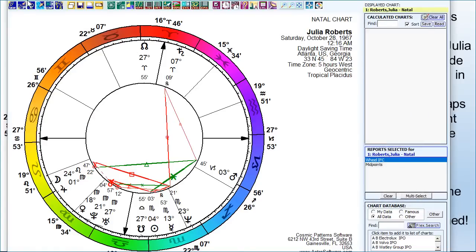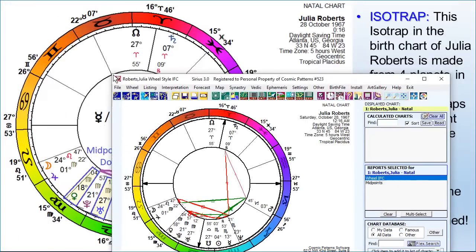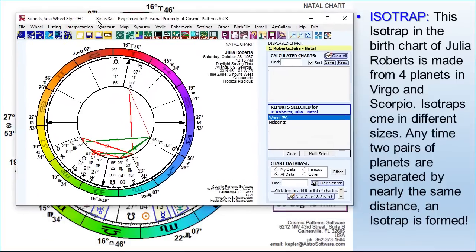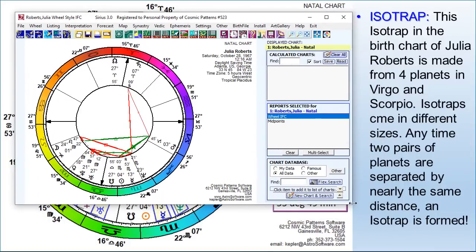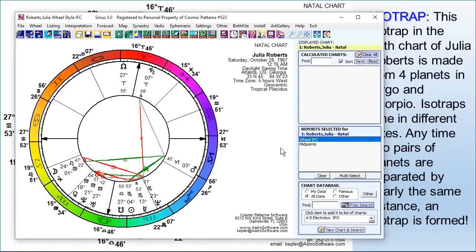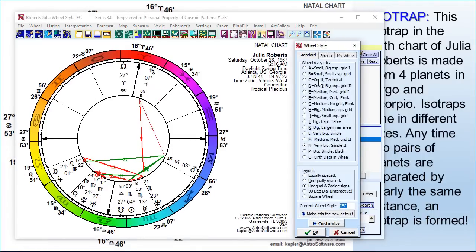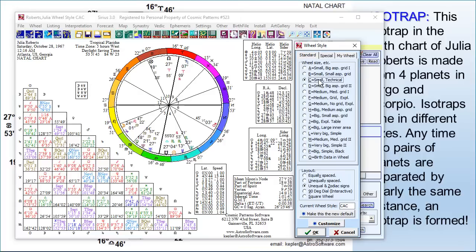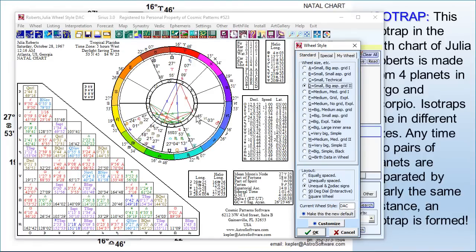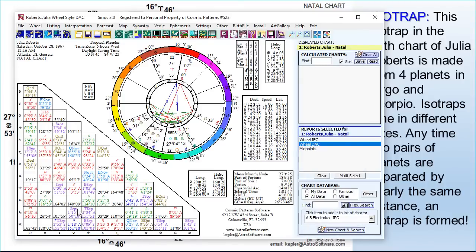I was showing the midpoints in one of the previous videos in this series. Okay, so now you can see that. So if I right click and go to a small technical table, or any of these small ones, here's another small one. I'll just select that one. I've got a big aspect grid.